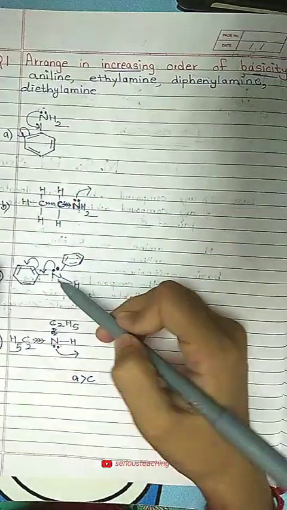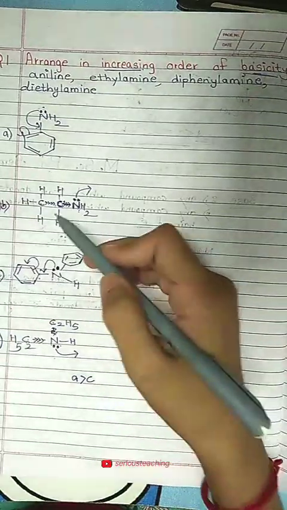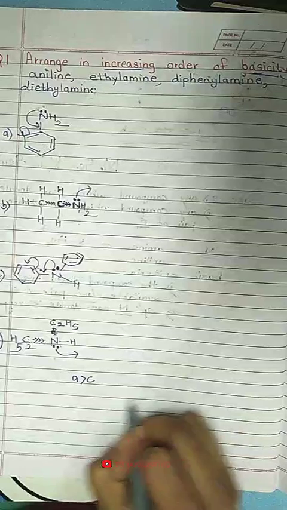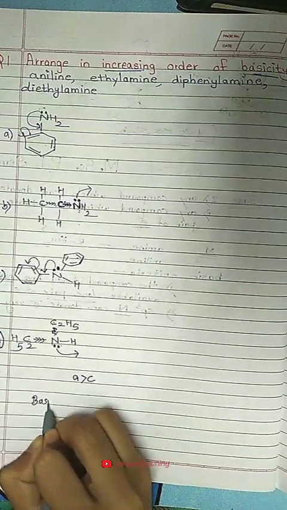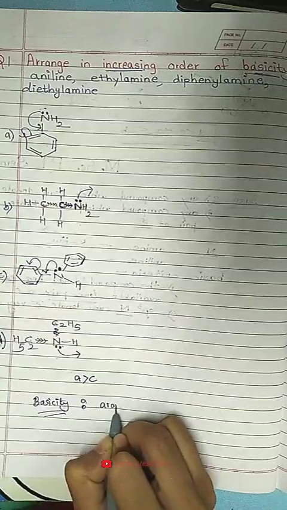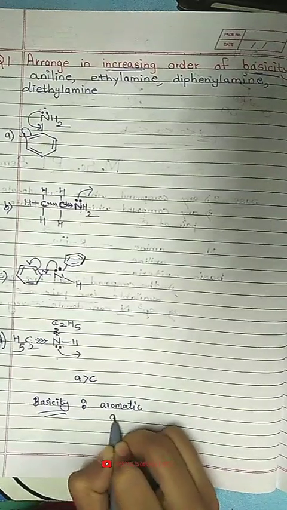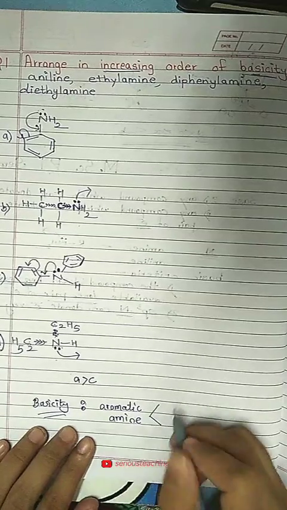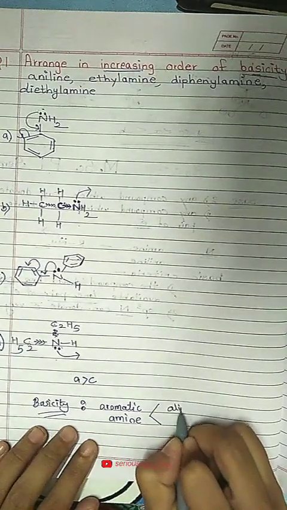That means these two compounds are aromatic amines and these two compounds are aliphatic amines. So what will happen? Always remember, the basicity of aromatic amines will always be lesser than that of aliphatic amines.